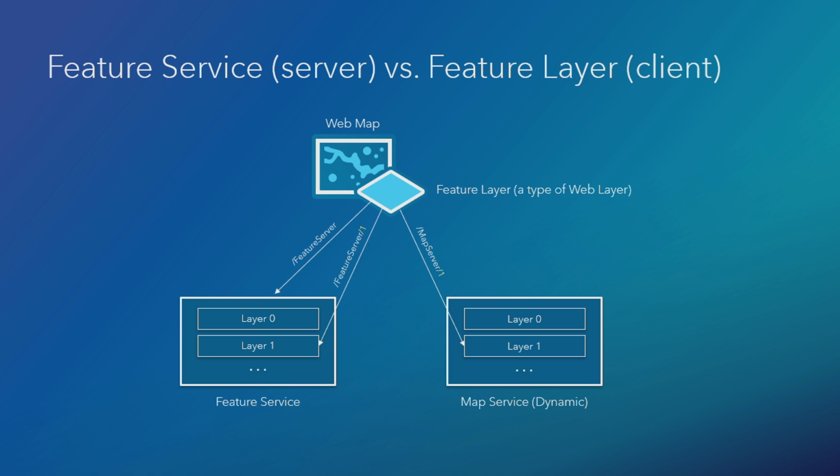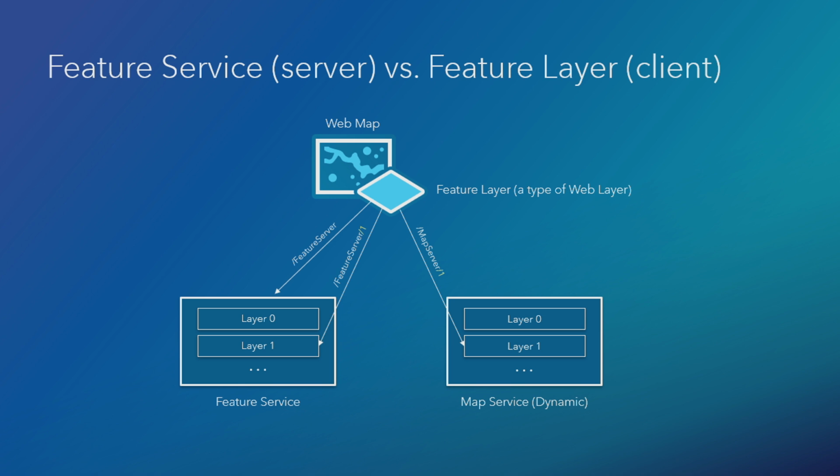But there is another way to get feature service-like capability in your maps and applications. So the other distinction is feature layer. When we talk about feature layer, we're referring to the layer type in Portal. And a feature layer is also what's used in the JavaScript API to provide a lot of these interactive capabilities.